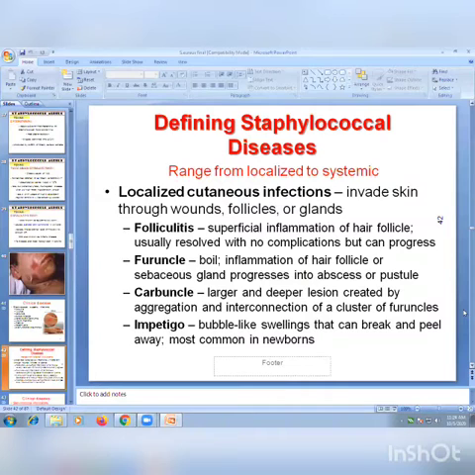Furuncles occur when inflammation of hair follicles or sebaceous glands progresses into an abscess of the tissue. Carbuncles occur under the skin, large and deeper lesions created by the aggregation and interconnection of a cluster of furuncles. Impetigo is a bubble-like swelling that can break and peel away, most common in newborns.